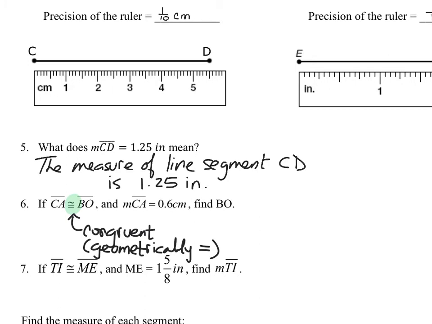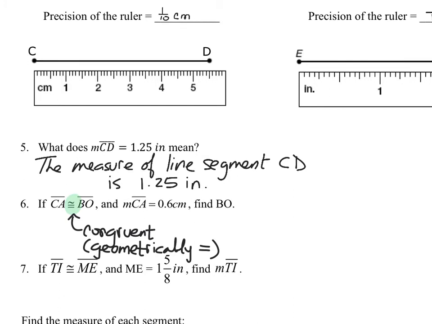So the second condition there, they're telling us that CA and CB are congruent, but then they tell us the measure of CA. Now we're changing the narrative a little bit.